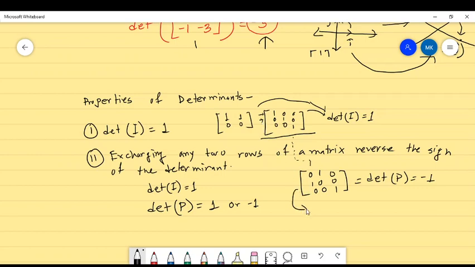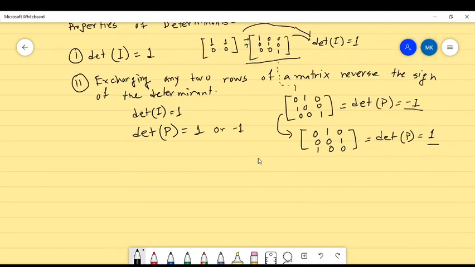Now again, if you change the second and the third rows, then the determinant of this permutation matrix would be a positive one, because multiplying negative one with negative one gives positive one. It's very easy, right? So the determinant of a permutation matrix might be 1 or negative 1.